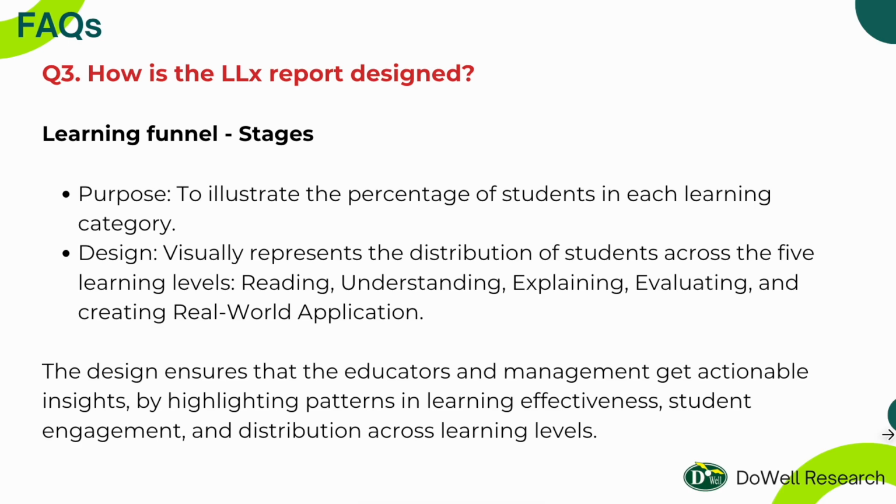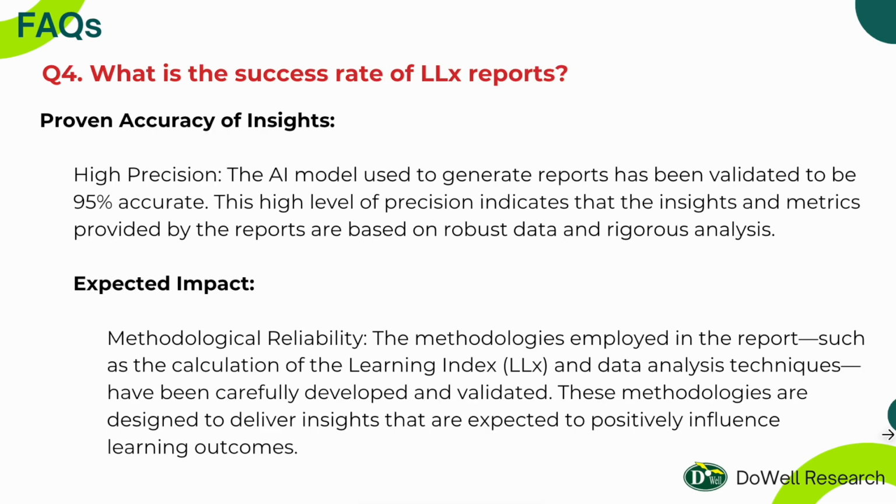The learning funnel illustrates the percentage of students in each learning category, that is reading, understanding, explaining, evaluating, and creating real world application. This design ensures that educators and management get actionable insights by highlighting patterns in learning effectiveness, student engagement, and distribution across learning levels.